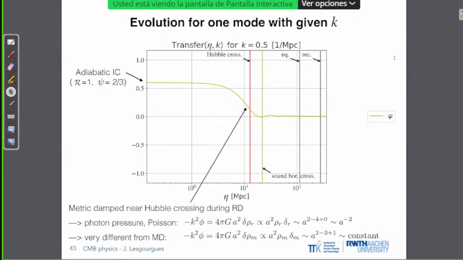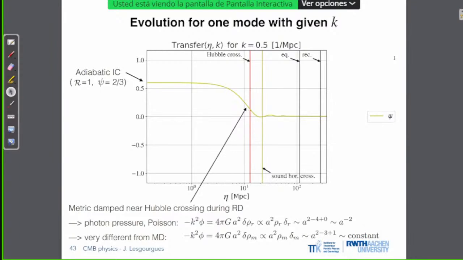All right. And first, I start by showing you the behavior of the metric fluctuation psi. It's a transfer function that I want to plot. I want to plot the transfer function of psi normalized to r equal 1. This is our convention for transfer functions. If you go back to the adiabatic initial condition, you find that then psi must be 2/3. This is completely arbitrary.